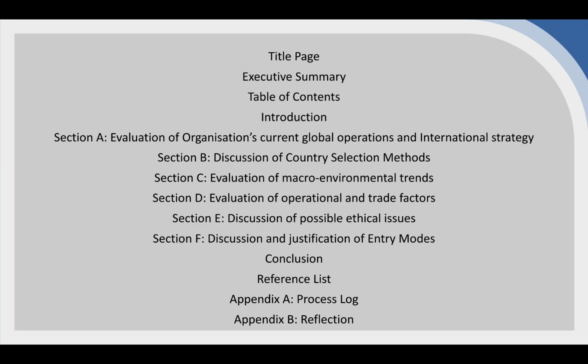Then we have several sections here that you could use to organize your assignment. Section A, an evaluation of the current global operations and international strategy, is always a good place to start. If you've got, for example, Tesla, and you want to recommend a new market for Tesla to enter, you always want to provide a baseline understanding of how they're currently operating and what international strategy they're using.